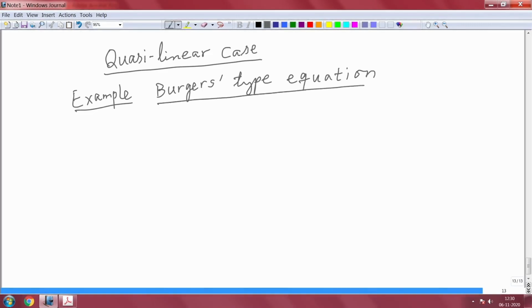So, again let me use the variables as t, x, y: u_t + a(u) u_x + b(u) u_y = 0.